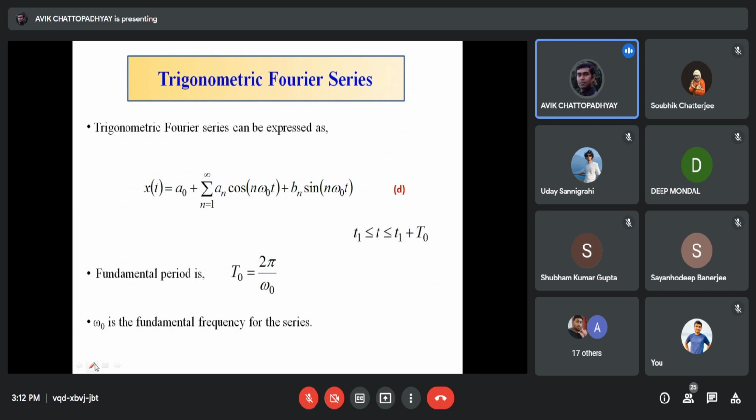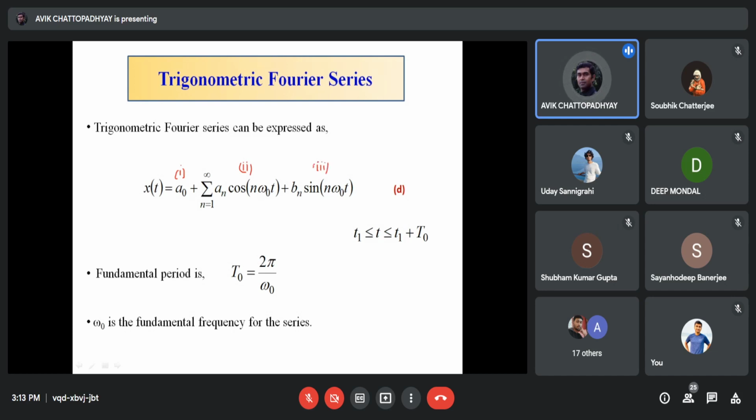Now if I write this a naught, this DC part, as suppose term 1, and all these cosine related things as term 2, and the sine related parts as term 3.